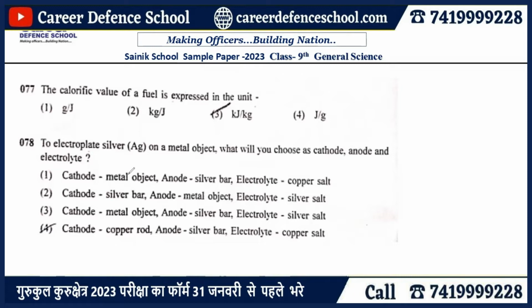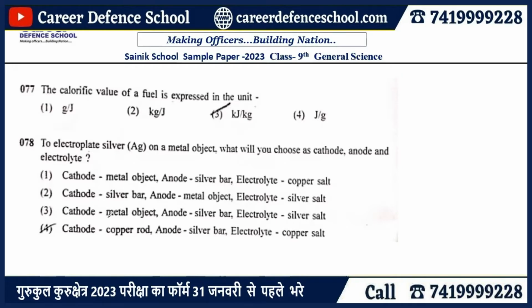78. To electroplate silver, Ag, on a metal object, what will you choose as a cathode, anode, and an electrolyte? First option: cathode is the metal object, anode is a silver bar, electrolyte is a copper salt. Second option: cathode is a silver bar, anode is the metal object, electrolyte is silver salt.